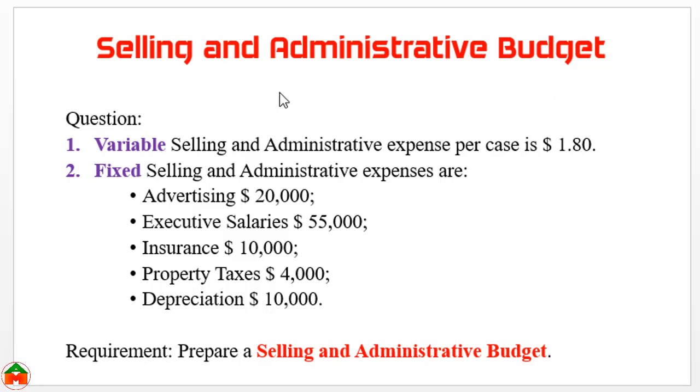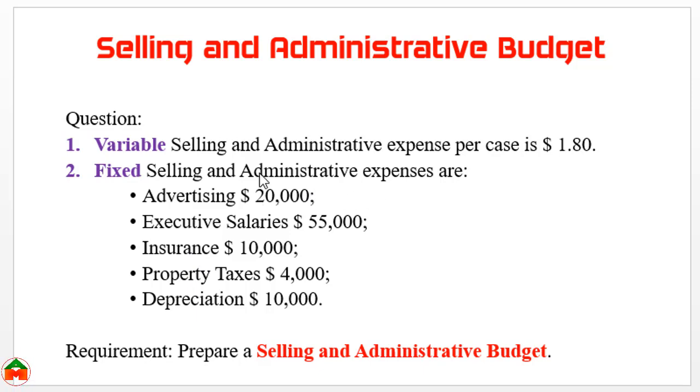For preparing the selling and administrative expense budget, there are some data estimated by the managers. We can see the variable selling and administrative expense per case is 1.80, and there are some fixed selling and administrative expenses.